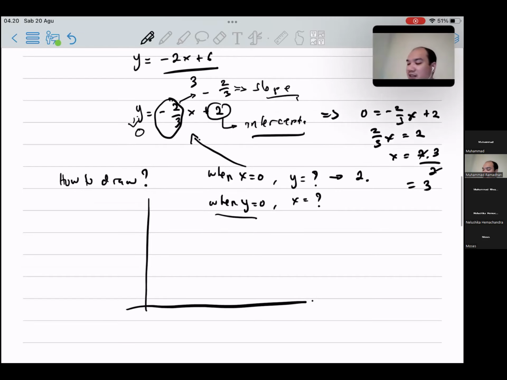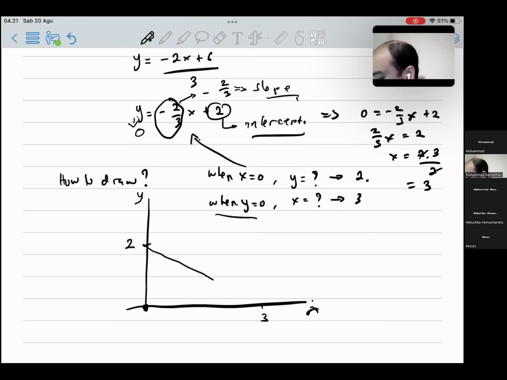So when y equal to 0, x is 3, and when x equal to 0, y is 2.